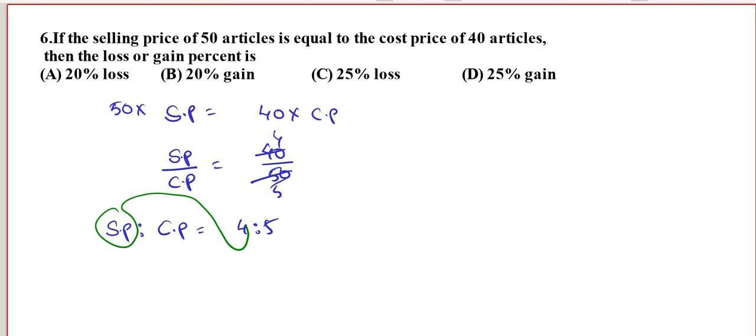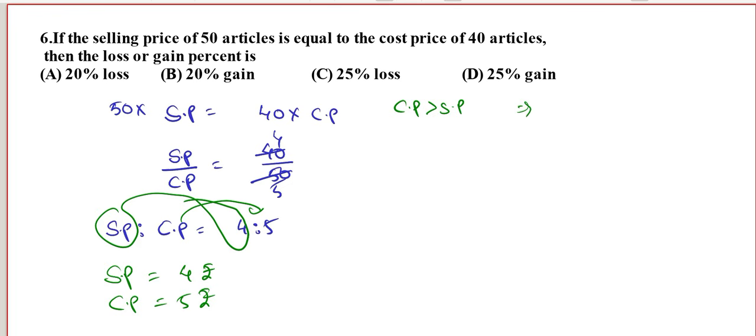Suppose the selling price is 4 rupees. Then the cost price becomes 5 rupees. Now, as the cost price is greater than the selling price, we get a loss. So loss is equal to cost price 5 minus selling price 4, that is 1 rupee.